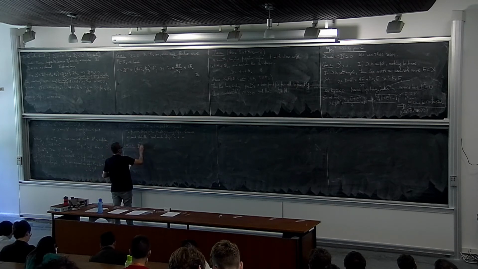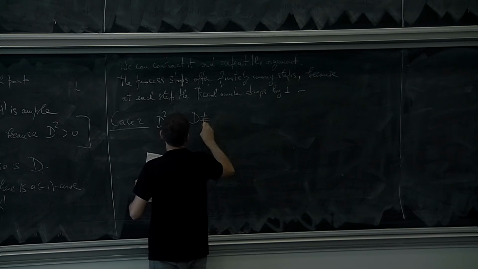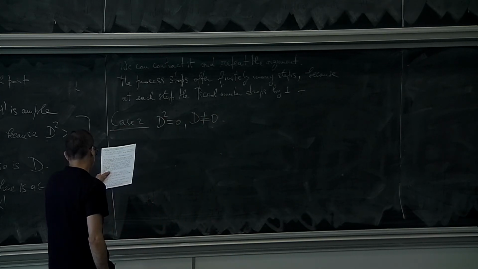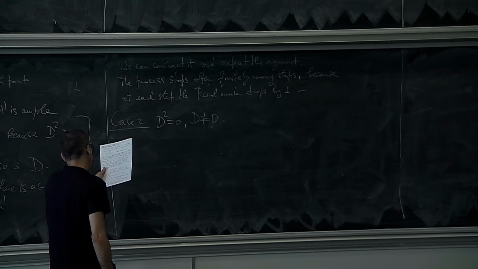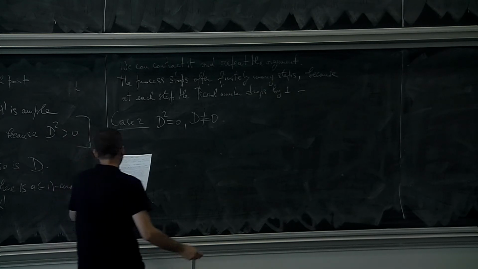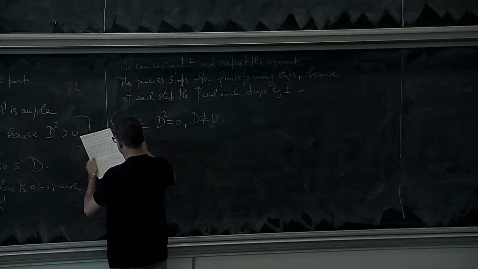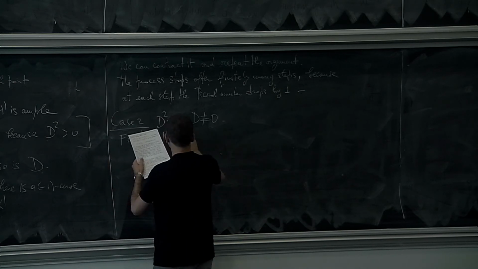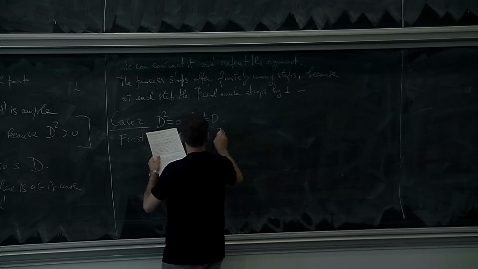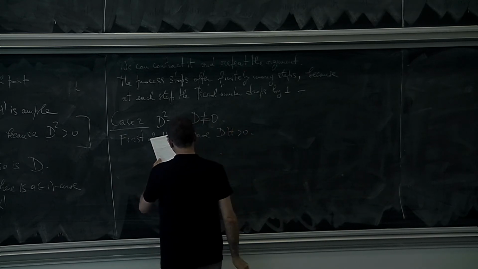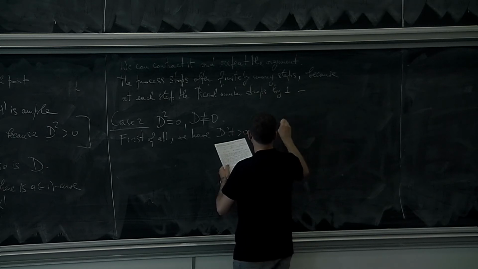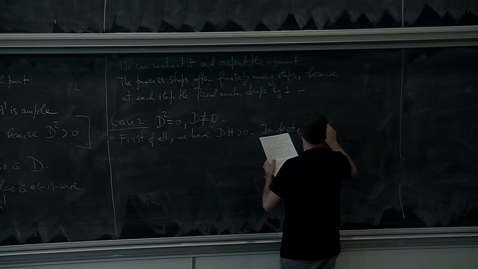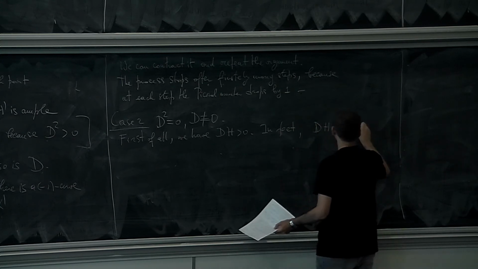D squared is 0 and D is different from 0. First of all, we have H·D greater than 0. In fact, H·D is at least 0 as before.